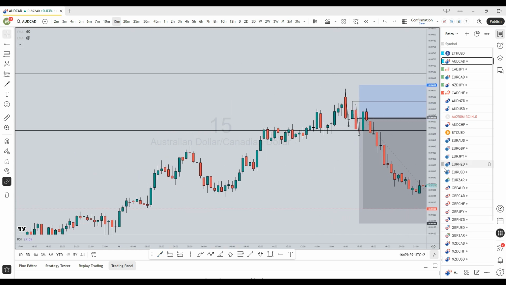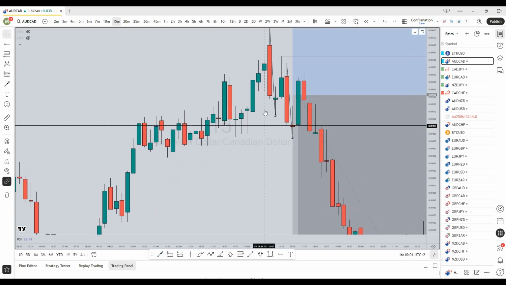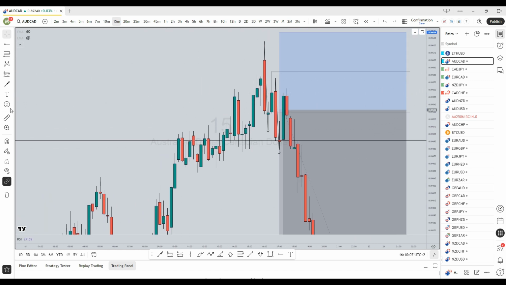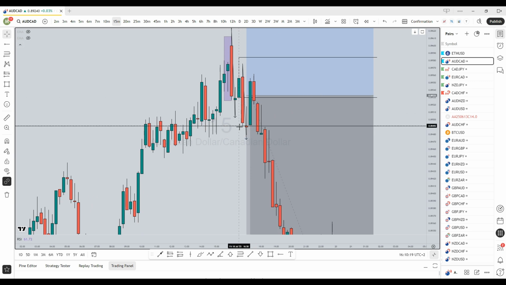So this for me was confirmation that okay, cool, we're probably looking at a turning point, especially after this engulfing candlestick. If you look, this here was a nice engulfing candlestick, and then also a second engulfing candlestick.